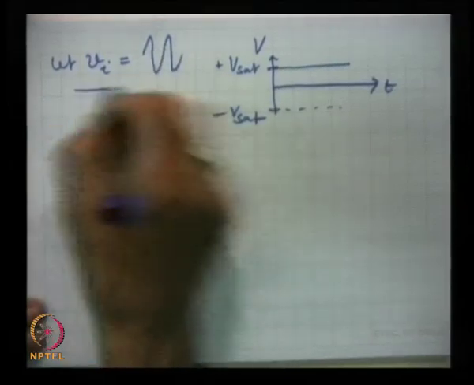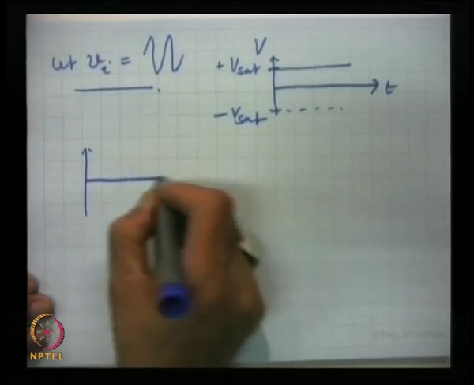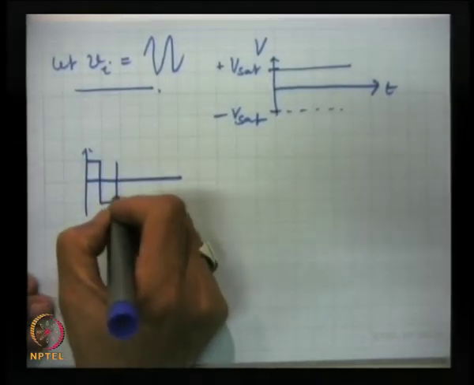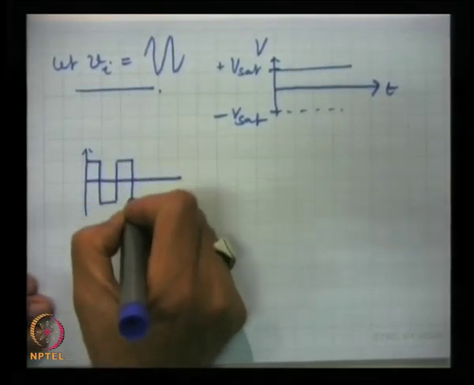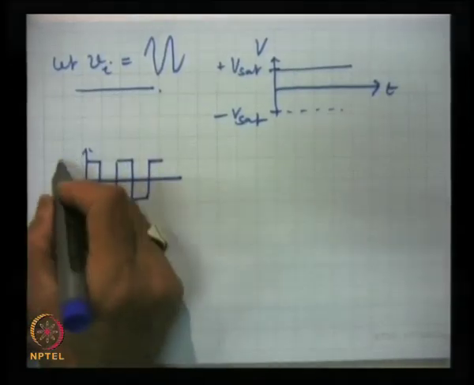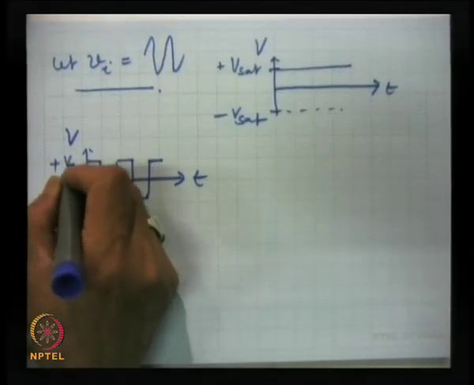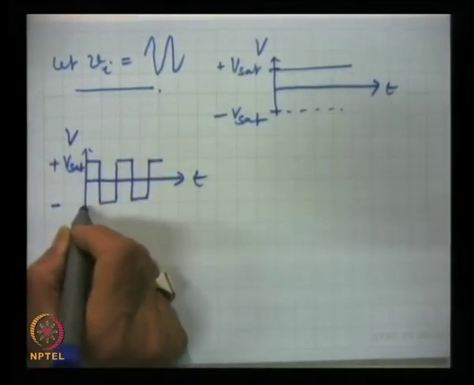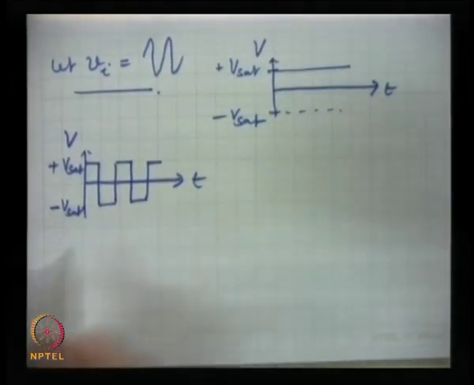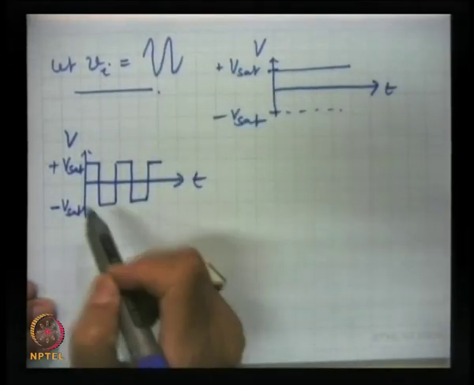So, if this is the input, the output will be this. This is the output voltage, time, plus V sat, and here this is minus V sat. This is highly distorted. This is not the replica of the input.